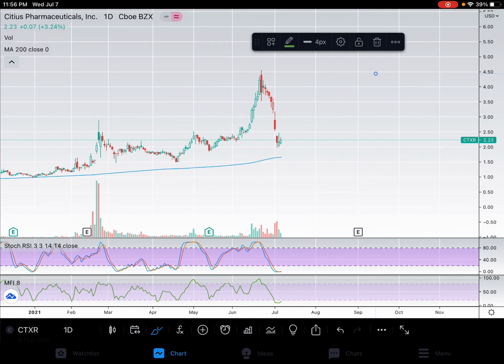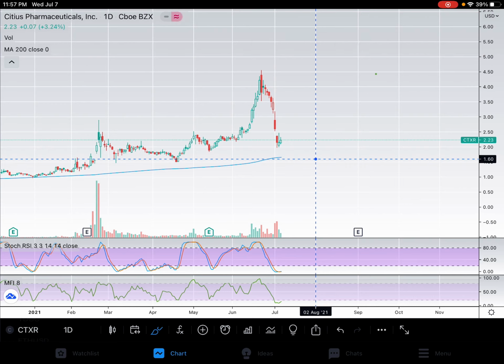Let's see. Yeah, so we got an article here, and it said that this LLC is investigating potential claims on behalf of purchasers of Ctxr. Investors who purchase Ctxr shares are encouraged to obtain additional information and assist the investigation. So basically people are under investigation for pumping and dumping the stock, and that's exactly what it did.